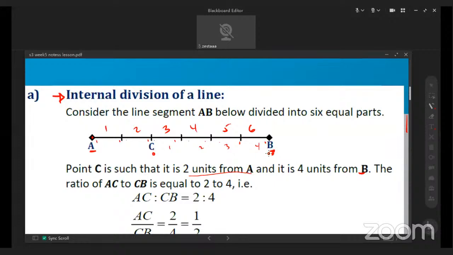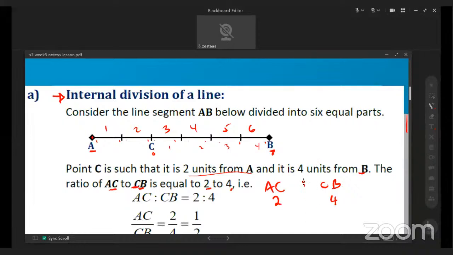Then in the ratios we say that the ratio of AC to CB is equal to 2 to 4. From A to C there are 2 units, so we put 2. Then from C to B, how many are there? There are 4. So here we also put the 4.